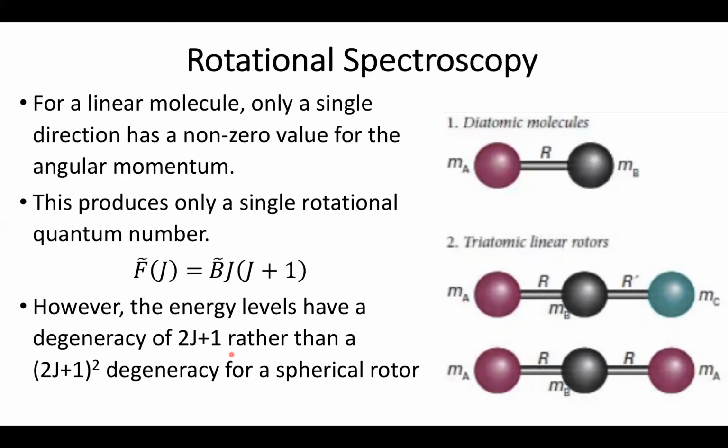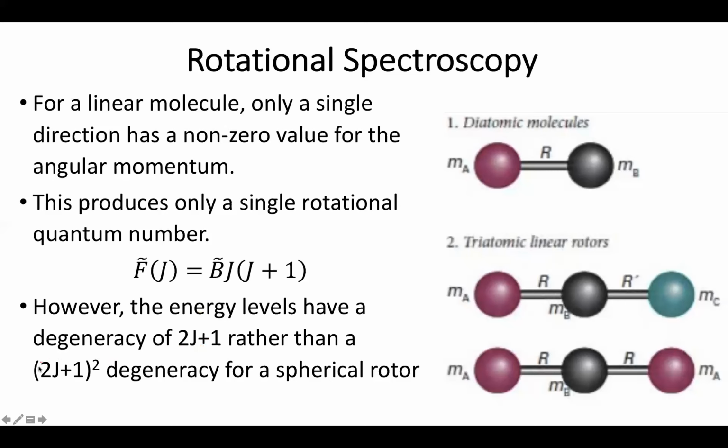Because remember that one of the things that dictates the intensity of signals is how many molecules are in any given state. So for a linear system, I have a rather lower degeneracy for high rotational energy levels, so there will be fewer molecules in these elevated states.